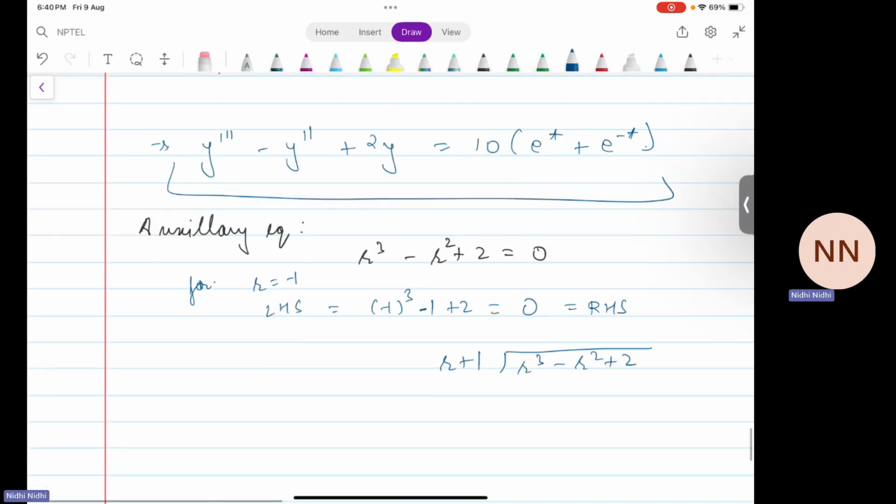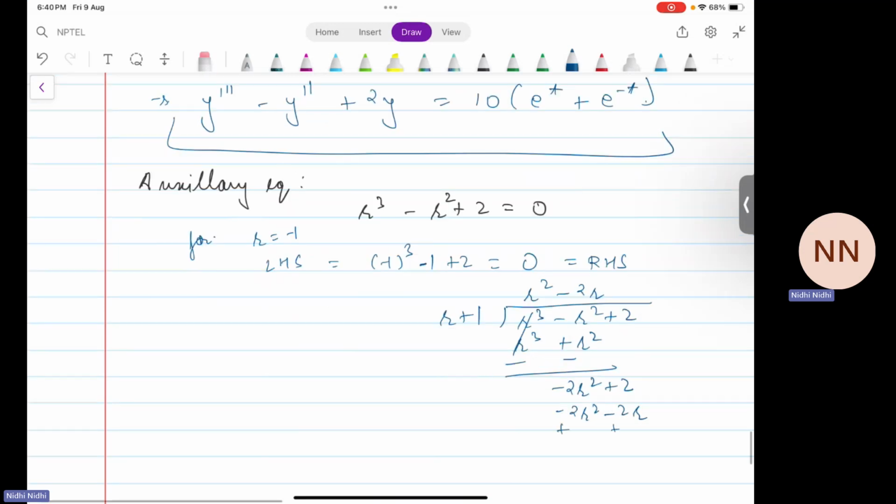From here we get r square, r cube plus r square, minus 2r square plus 2 minus 2r, minus 2r square minus 2r, plus 2r plus 2.